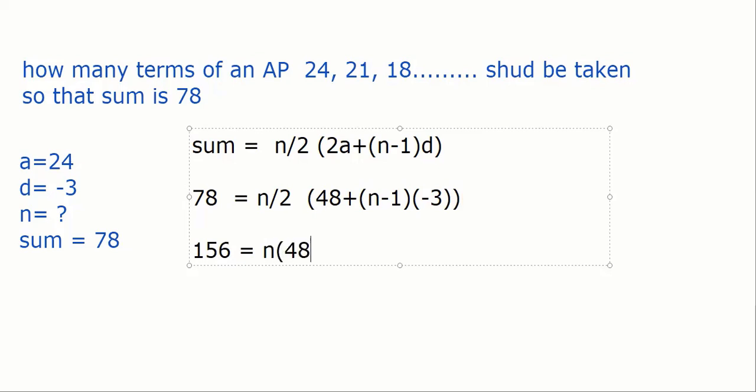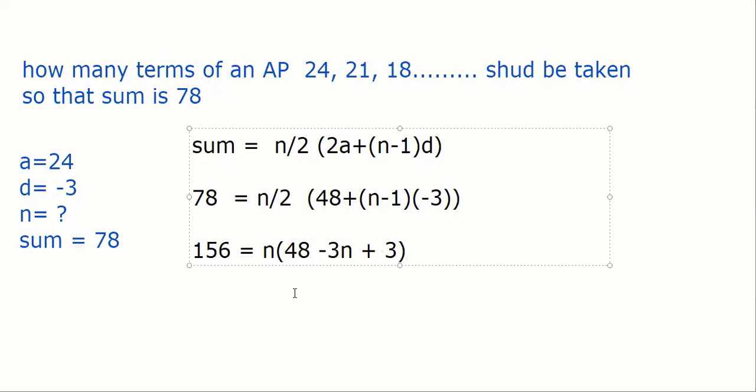Either way you can solve it, you just have to solve n upon 2 in the bracket. Either you open the bracket or you do whichever way. Finally, you get the equation 48 minus 3n plus 3.